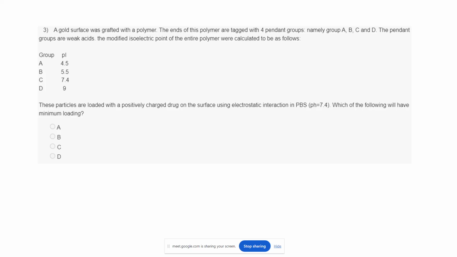Ma'am, is it option D because it has higher isoelectric point than the mentioned pH? Okay. Yes, we will actually discuss the answer. Let's first see what everyone thinks. Okay, so you are going for option D. What about others?